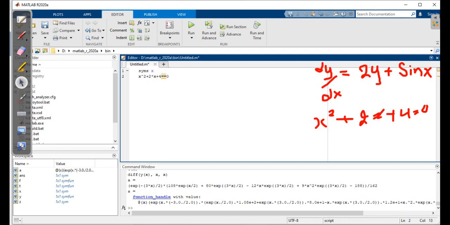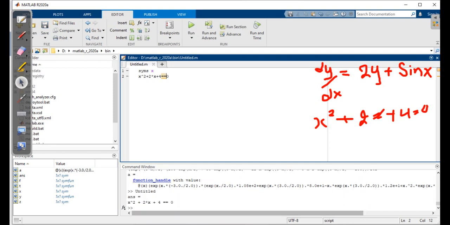Single equal is the assignment operator, and double equal is used for writing the equation equal to 0. Hope you understand it. That's why we use the double equal operator. You can see the solution, right? So this is how we can solve a quadratic equation or any polynomial equation in MATLAB.